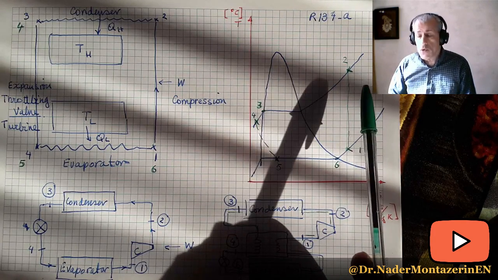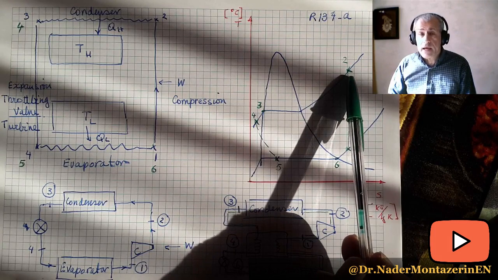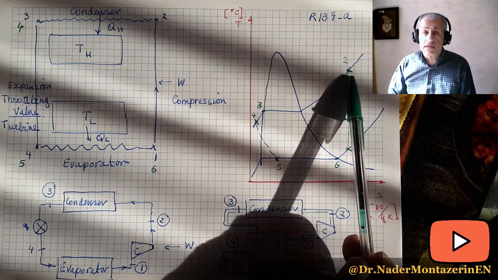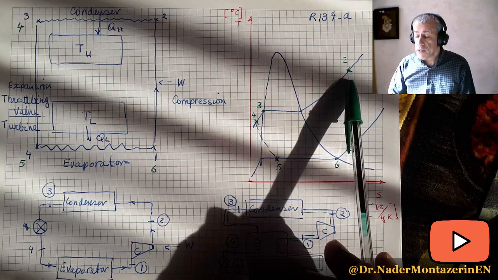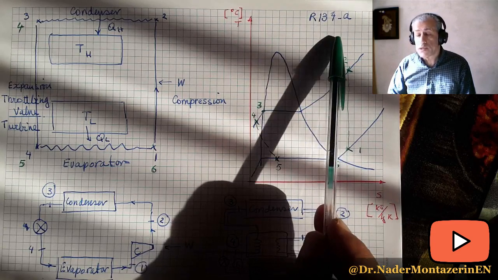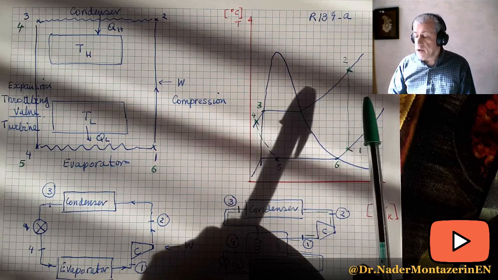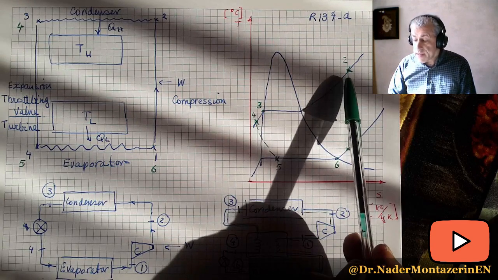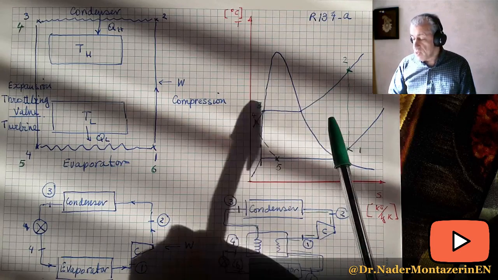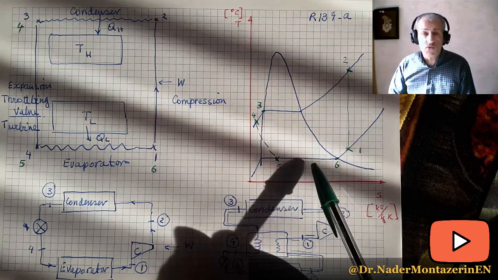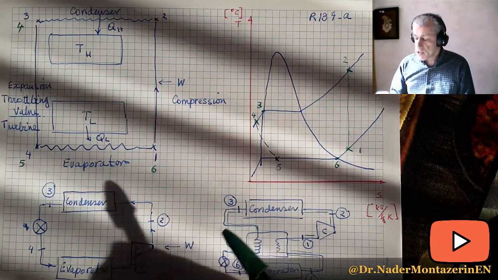It's often known that the condenser entry is a superheat medium, R134A, and therefore the condenser does not have a constant temperature, but the evaporator usually has constant temperature.